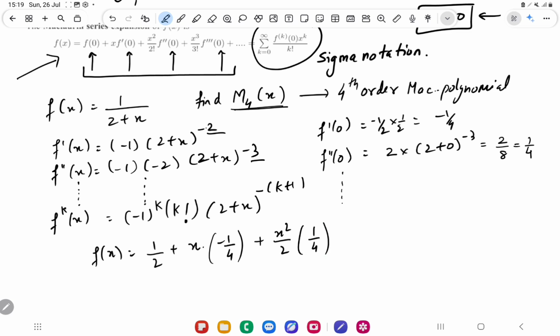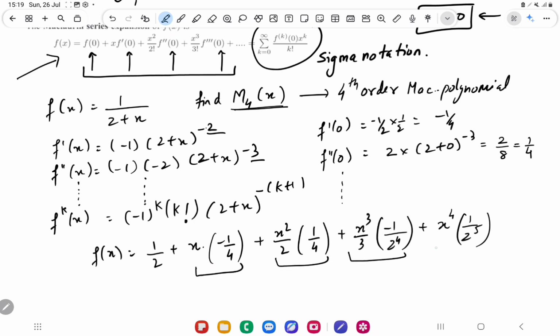So we got the first, second. Similarly x cubed by 3 factorial, we will get minus 1 by 2 to the power 4 when you solve it, and the last one for M4 will be x to the power 4 times 1 upon 2 to the power 5. So you have to remember that this is M1, M2, M3, M4. So we always have to write f(0) and then we have to count.